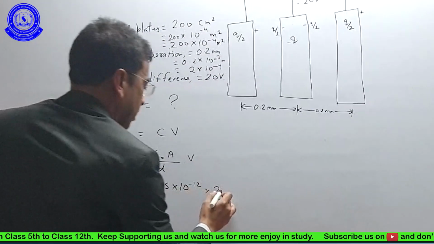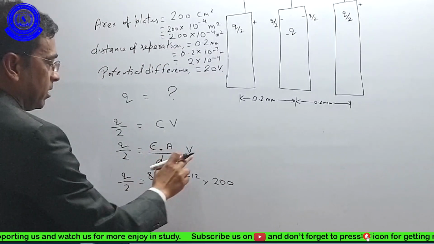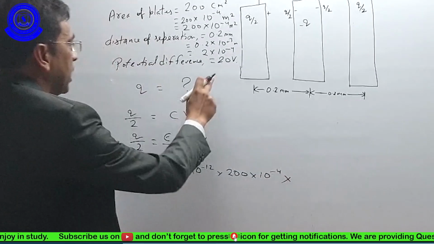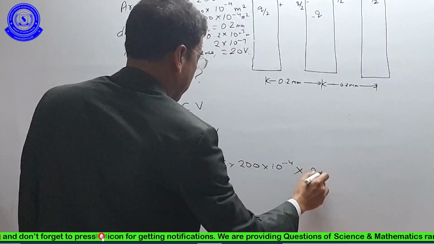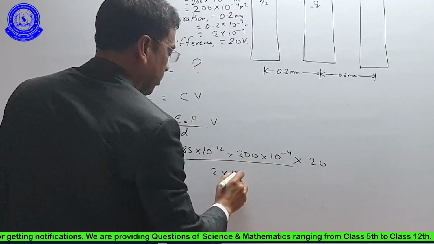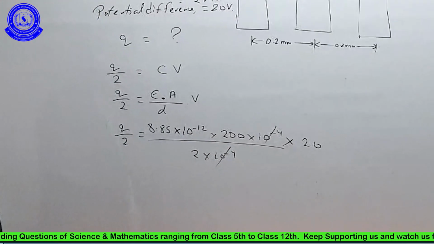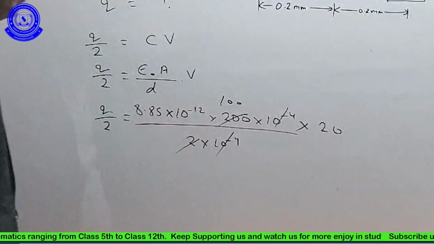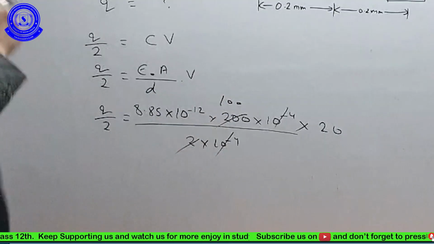By putting the values of area and potential difference in this formula, our potential difference V is 20 volts, and the distance of separation is 2 into 10 to the power minus 4. This 10 to the power minus 4 cancels out, and 2 divides 200 a hundred times.